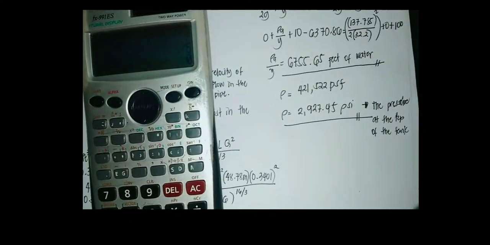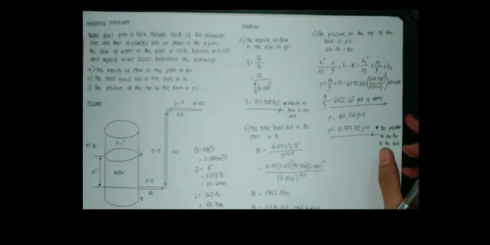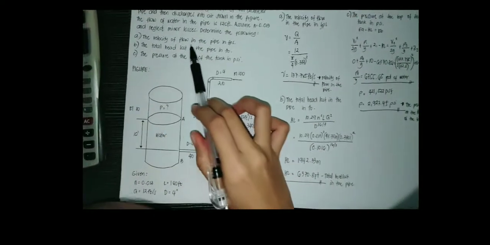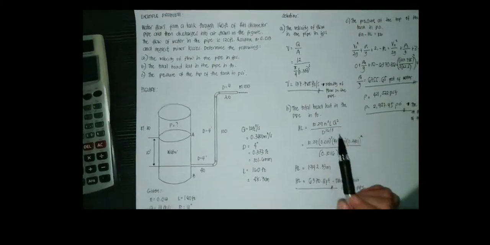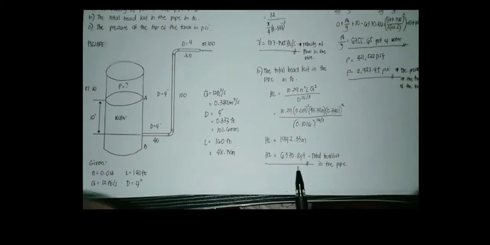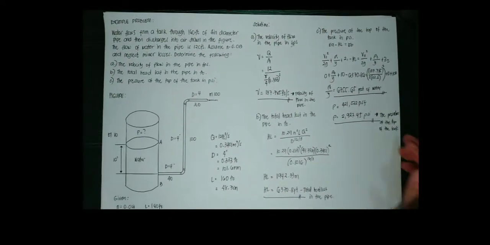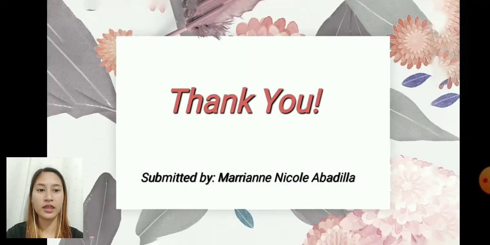We have already solved the 3 problems that we need: the velocity of flow in the pipe in feet per second; B, the total head loss in the pipe in feet, so this is the answer; and lastly C, the pressure at the top of the tank in PSI. So that's all. I hope you learned from this video. Thank you. That's all.